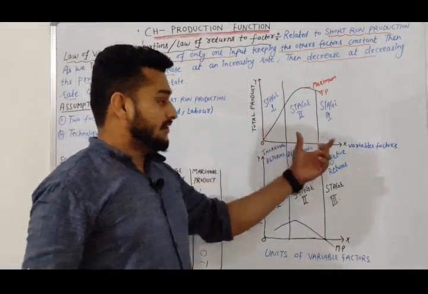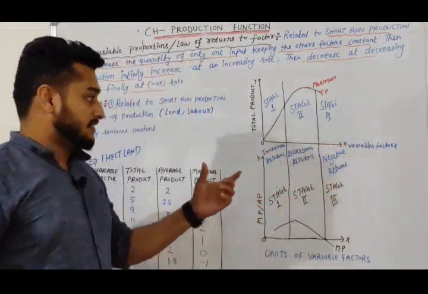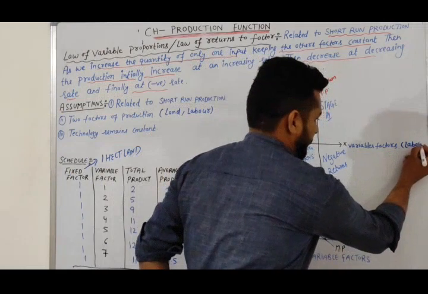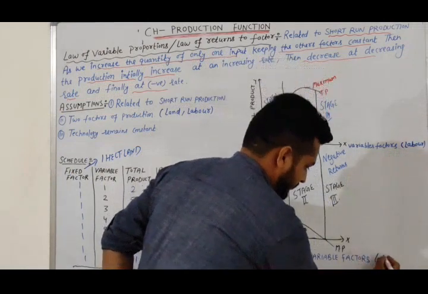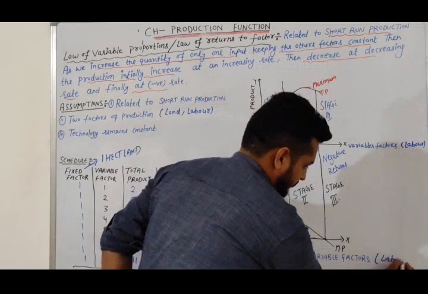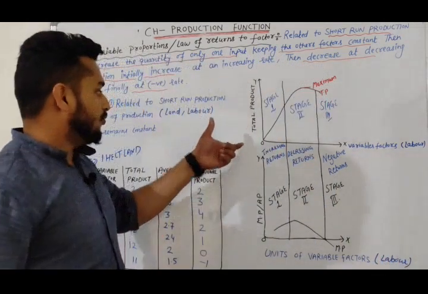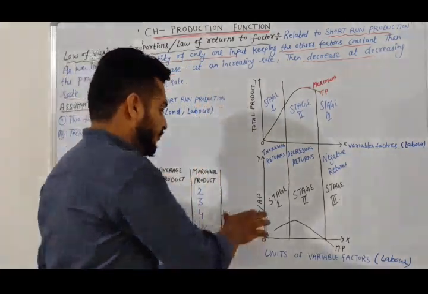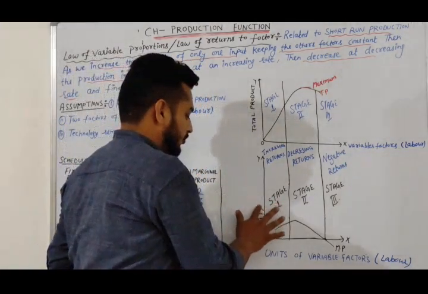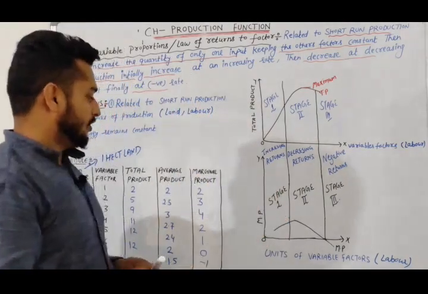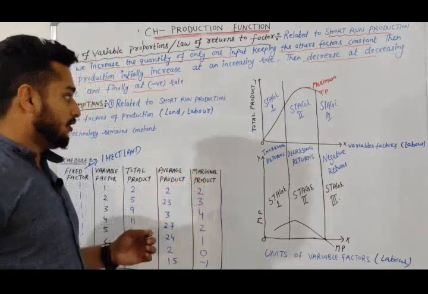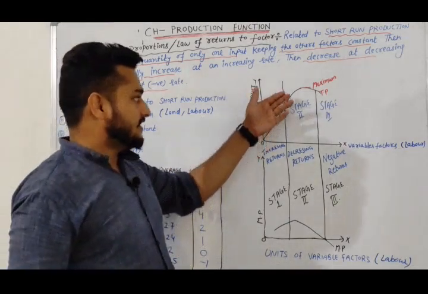Now we will understand from the diagram. On the OX-axis we will take variable factors, it means our labor. On the OY-axis we will take total product and marginal product. When we talk about total product, in the starting total product is increasing at an increasing rate.